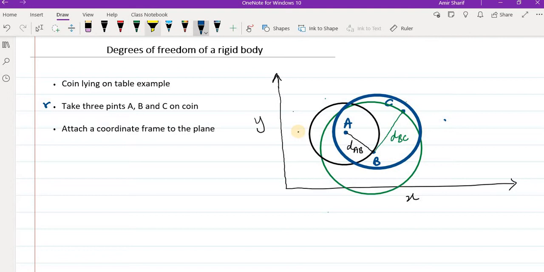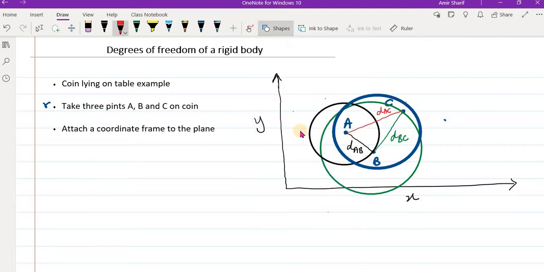So now let's take another distance, which is the distance between A and C. We call it DAC. Okay, and now we have to draw one more circle that has a center A, but it has a radius DAC.